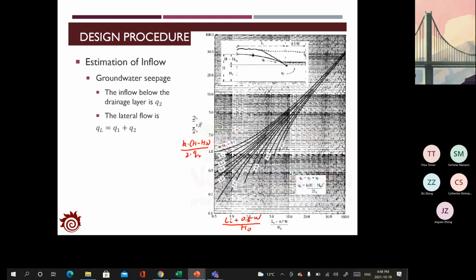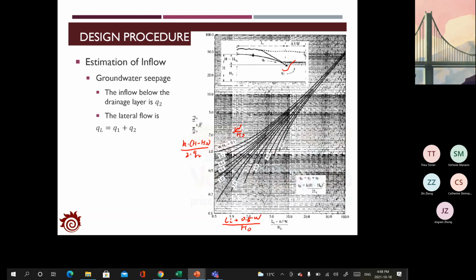So if you are provided with the value of (Li plus 0.5 times W) divided by H0, which will be the values you can observe from the design of the pavement structure, you can then go to check another value, that is W divided by H0.